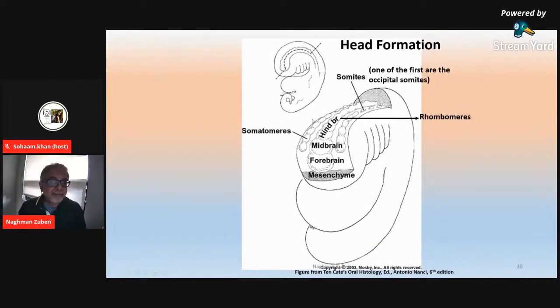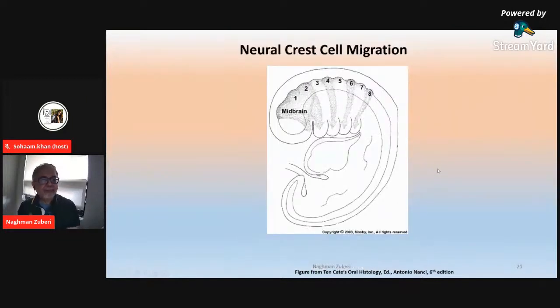Now over here, head formation starts. One of the first are the occipital somites, they start forming. Midbrain, forebrain, and the hindbrain. Hindbrain actually makes most of the brain. This is the mesenchymal area.